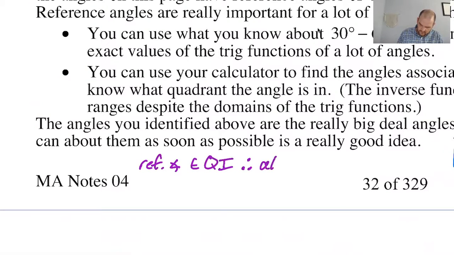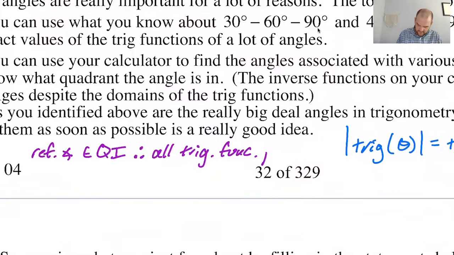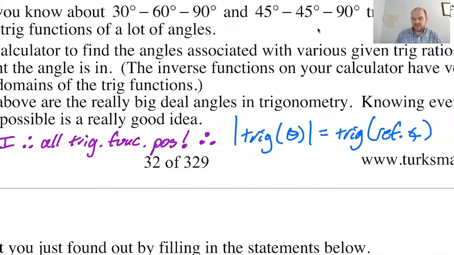Therefore, all trig functions are positive. Therefore, the absolute value of the trig functions of the angle is always going to be equal to the trig function of the reference angle.